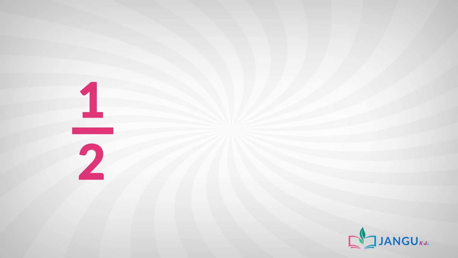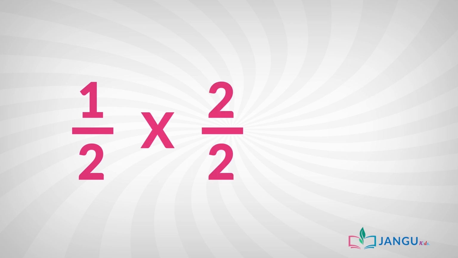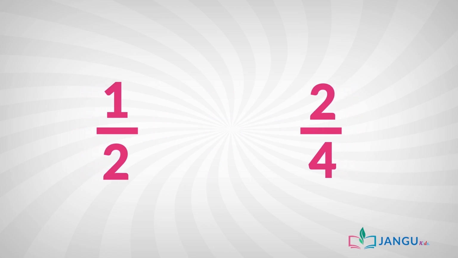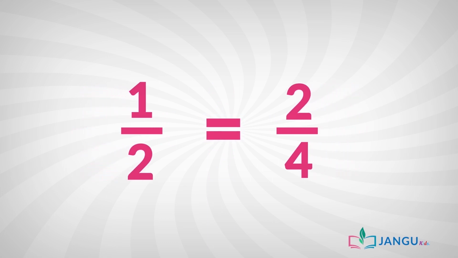In this case, we can decide to multiply the fraction by 2. So we multiply 1 by 2 and also multiply 2 by 2. Voila! Our numerator becomes 2 while our denominator becomes 4. Therefore, 1 over 2 is equivalent to 2 over 4.